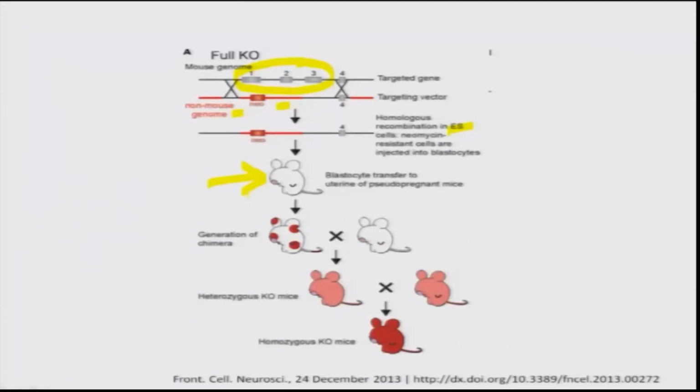For example, if you have derived the embryonic stem cells from a mouse strain that has a brown coat color, and you have put those ES cells into a blastocyst of animals that have white fur color, then you would have brown patches on the skin.